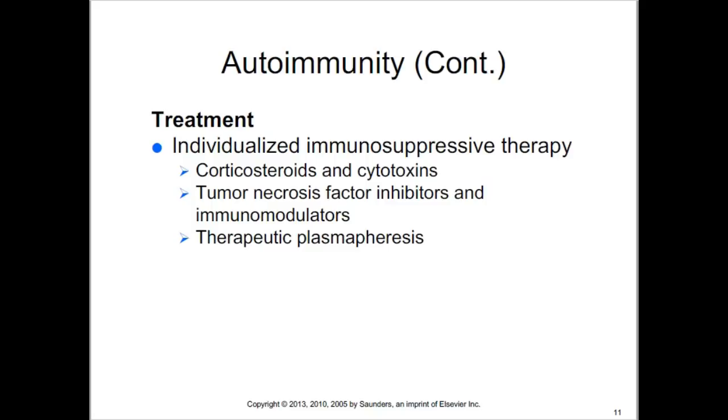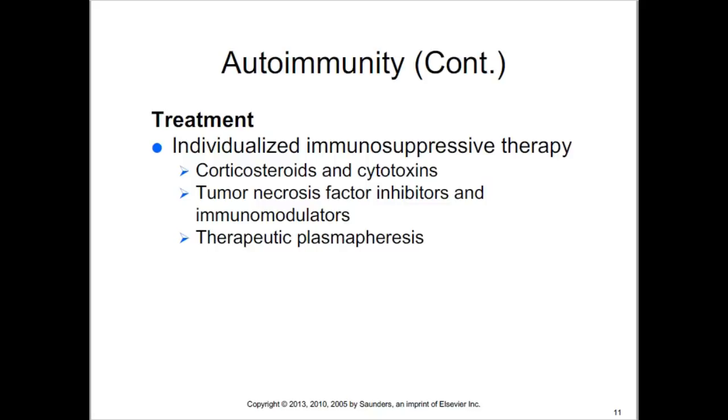All right. So one of the things that you're going to notice is also that individualized immunosuppressive therapy is going to be very much the future on how we are going to deal with disorders that we haven't really been able to deal with.